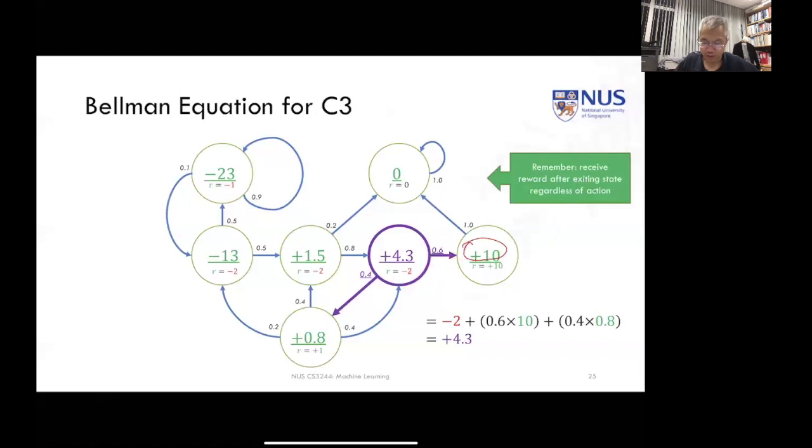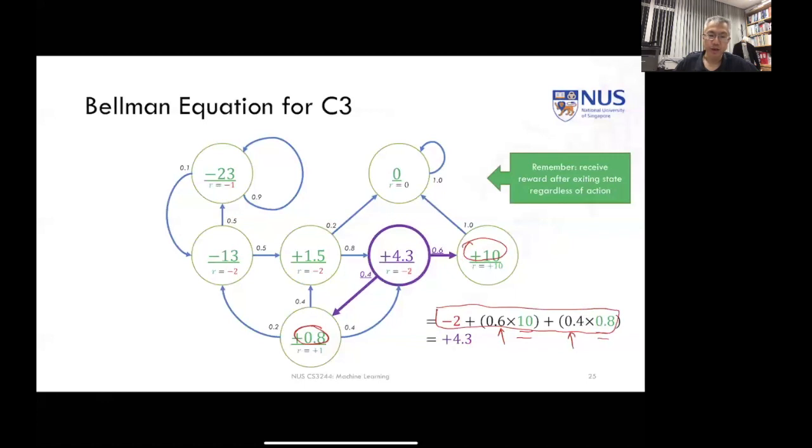Okay, if it's correct, then I'm just going to plug it in here, and that this +8 is done, 0.8 is done correctly. I'm going to plug it in here, and I'm just going to sum all of these together. The reason I sum these together is basically because it's an average, because we've already normalized our state transitions to 1. Then I will get a total of 4.3 here. You can verify that the math is correct.